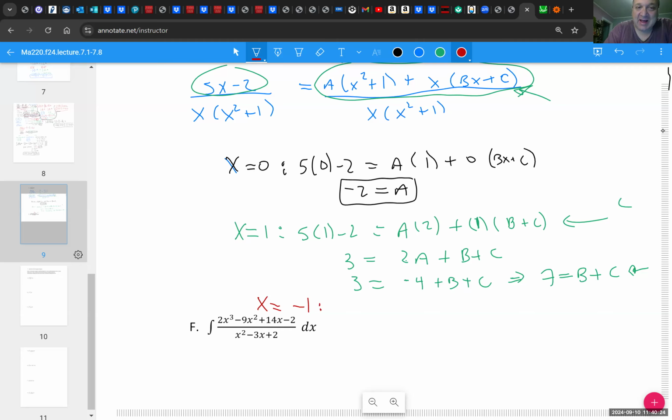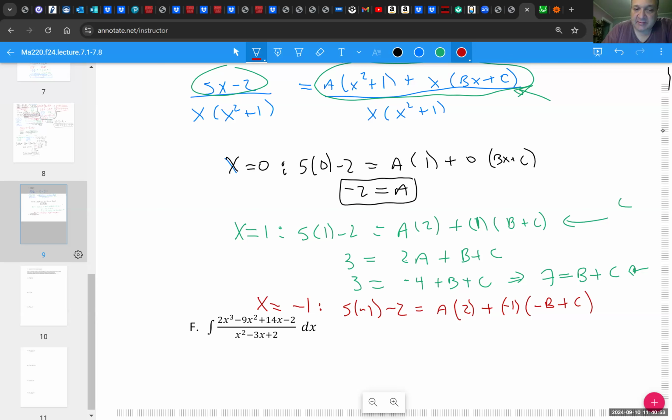So the 5x minus 2 would be 5 times -1 minus 2, which is -7. On this side, we get a times -1 squared, which is 1, plus 1 is 2. And then we get plus x, which is -1, times b, or negative b, plus c.